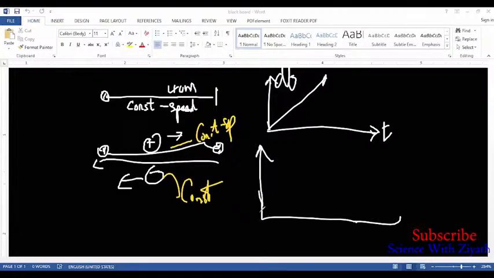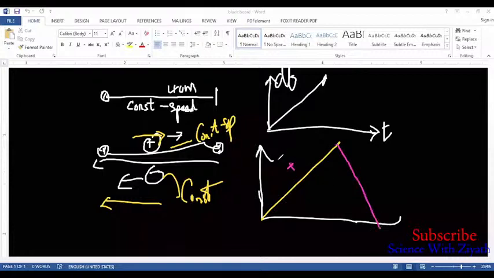Now this graph goes here like this, then going here, that's also constant speed, but in which direction does it move? If I use this pink color, this is one direction, this is another direction.